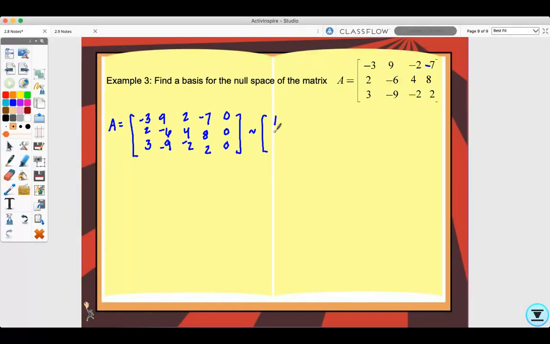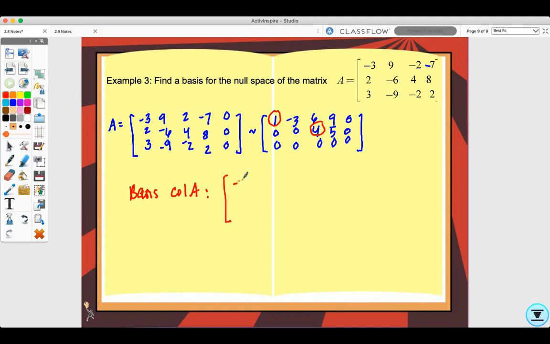Reduced down to 1, 0, 0, negative 3, 0, 0, 6, 4, 0, 9, 5, 0. And if I look at this, my pivot columns are here. So the basis for Col A uses columns 1 and 3 of A. So the basis of Col A would be negative 3, 2, 3, and 2, 4, 2, where I have those pivot columns.